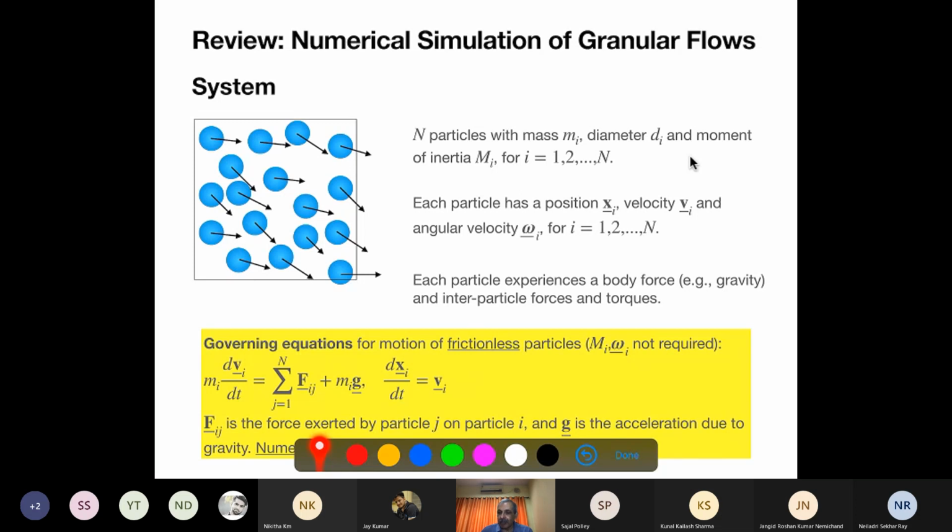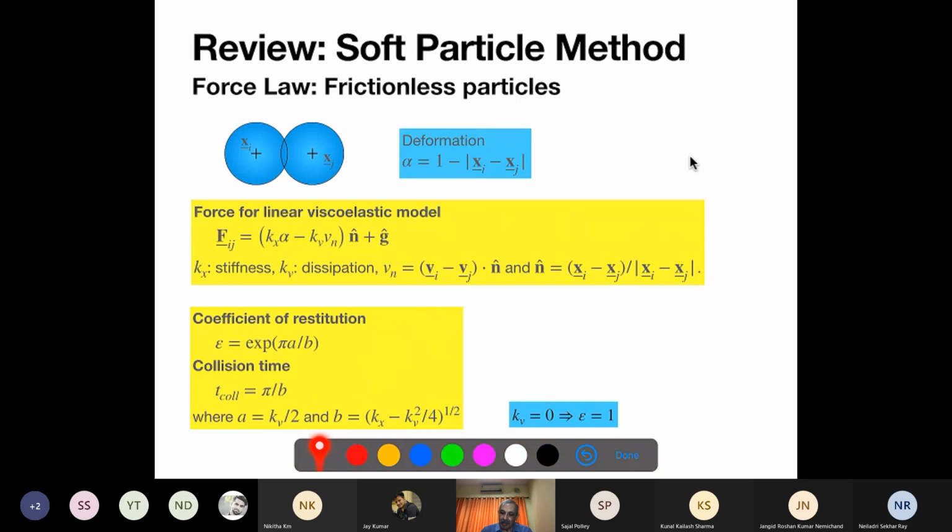So we did this by hard particle simulations in which the collisions are instantaneous. And then we started talking about this soft particle method, where I'm going to show you the equations only for frictionless particles. And we saw last time that the force Fij is non-zero only when the two particles are in contact like this, where xi and xj are the vectors corresponding to the centers of the particles.